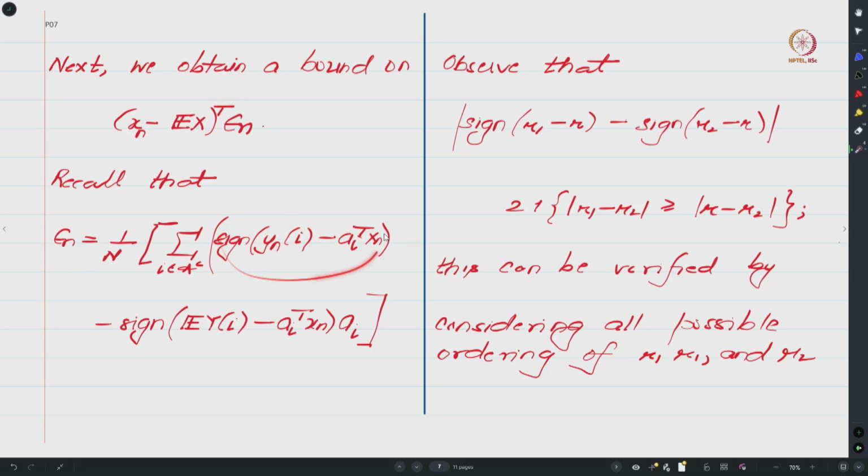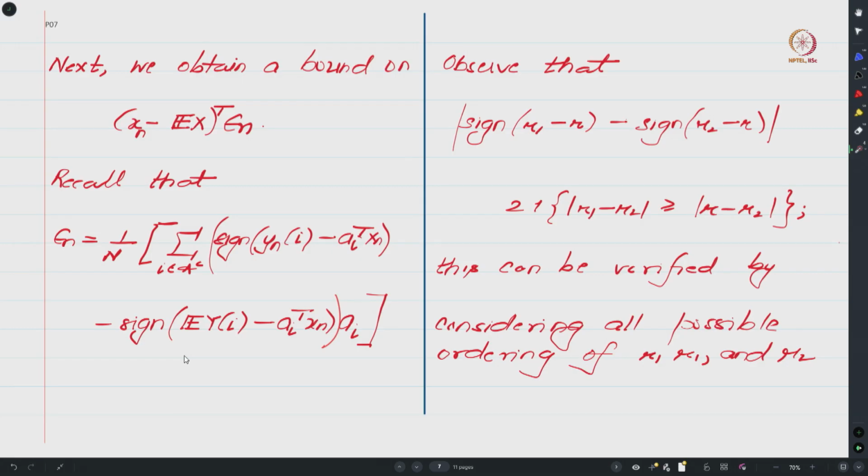So we tried comparing this sign expression with this sign expression and multiplying this whole expression by a of I. The nice thing in epsilon n is that this I is in A complement, which means that every I over here corresponds to an honest sensor, which means that as n becomes larger and larger, indeed this yn will converge to expected value of y. However, just because this converges, the sign expressions need not converge, because sign is a discontinuous function, and we need to take care of it, and we will see how to deal with that.